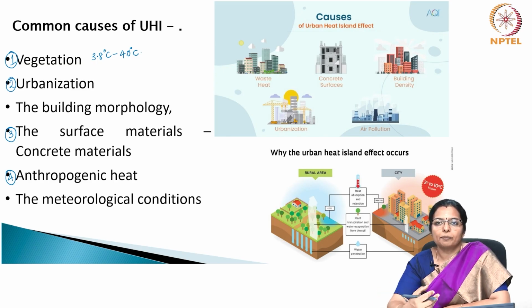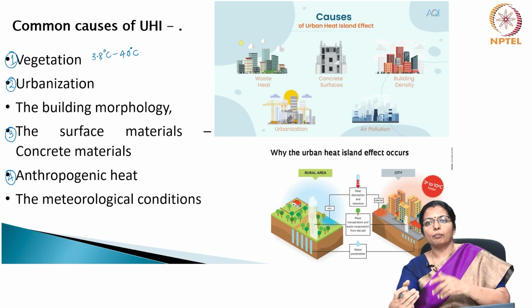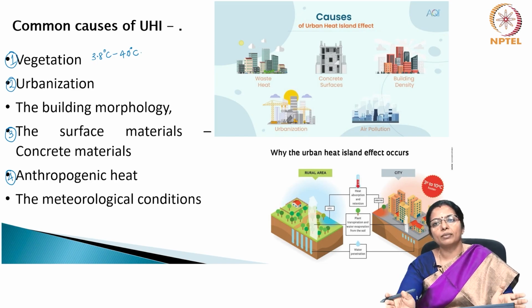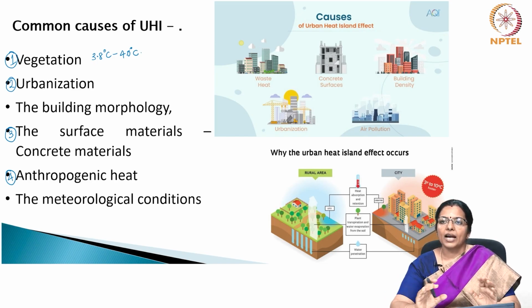In retrospect, the pollutants emitted in the air by these activities are more likely to be suspended for longer time than to escape the boundary layer because of urban heat island.